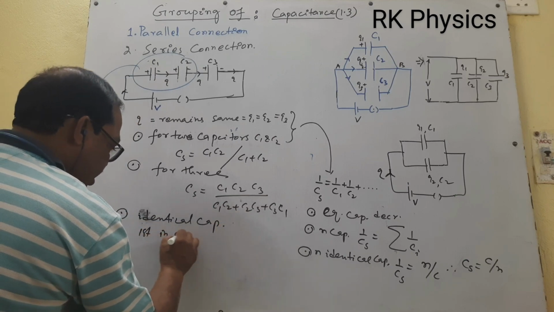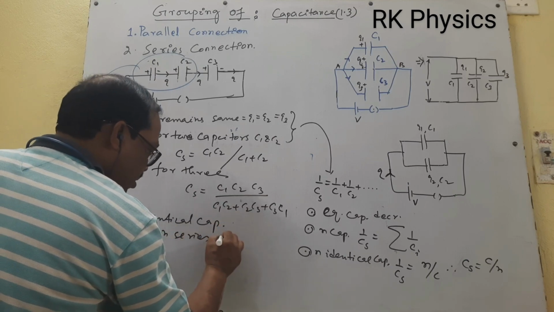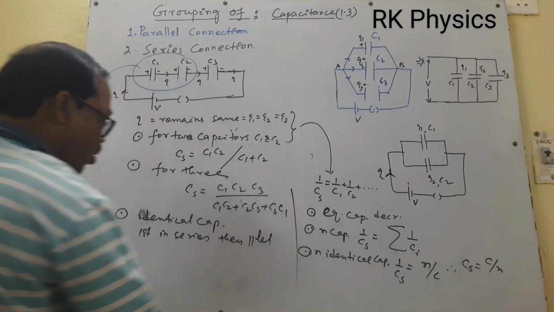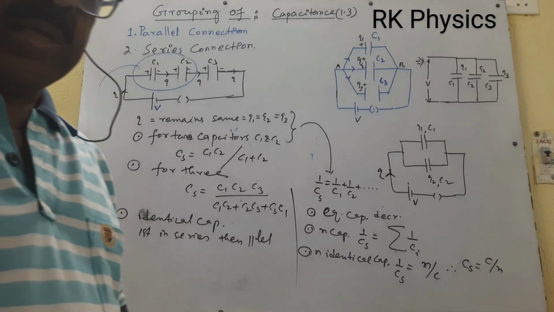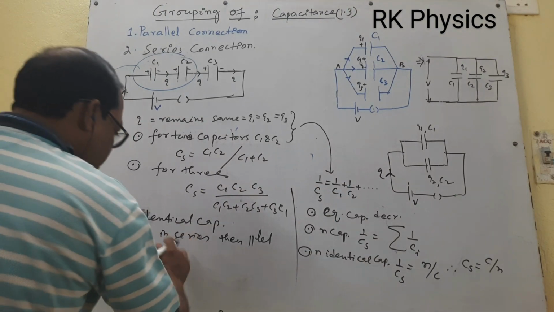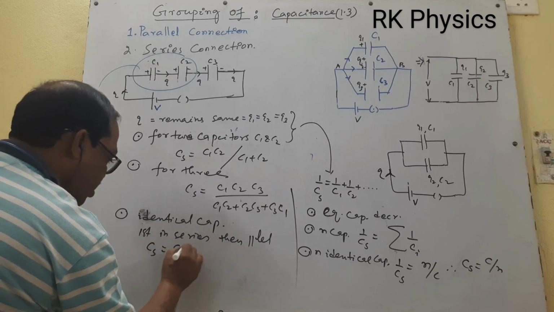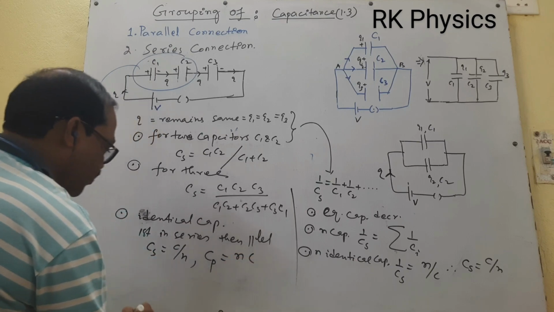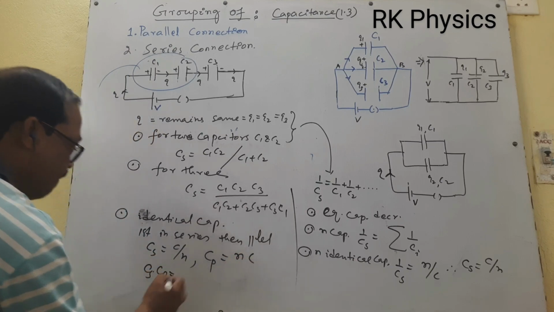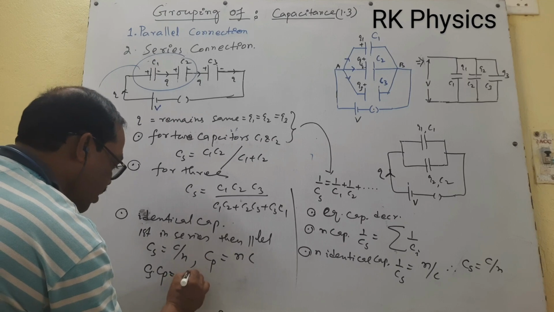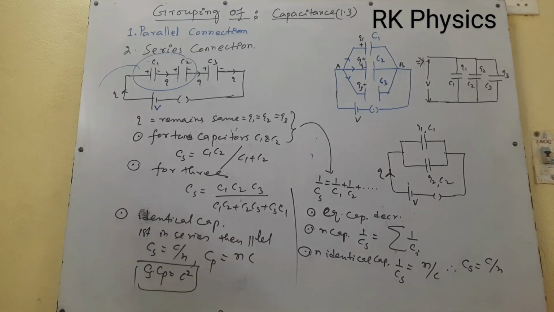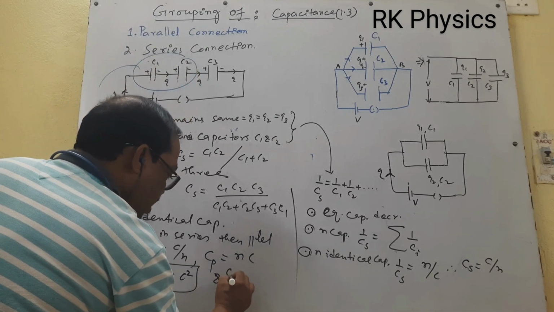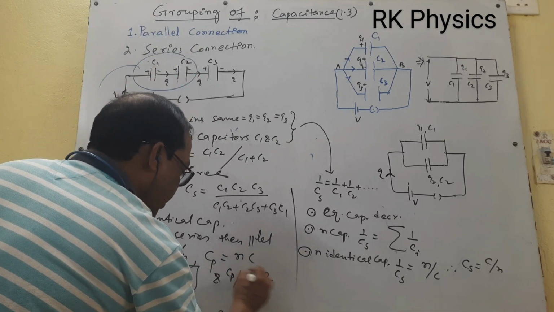Suppose they are connected first in series, then they are connected in parallel. In case of series, this is C by N. In case of parallel, this is NC. So therefore, Cs into Cp equals C square, and Cp by Cs equals N square.